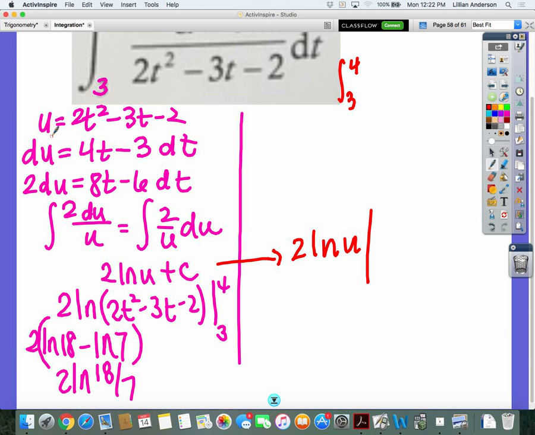Since we're using U substitution anyway, you can plug 4 in and plug 3 in to get new bounds. So if I plug 4 into this equation right here, what do you get? 18.